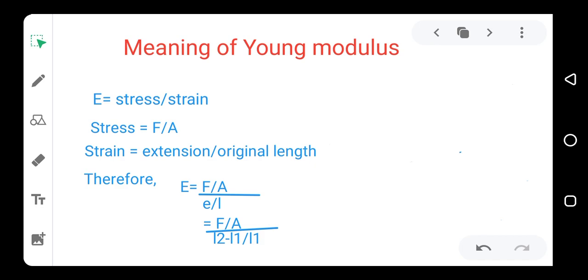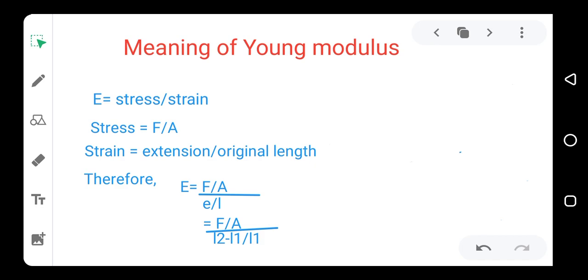But when you are compressing it, you are still applying force, but the force you apply now is used to compress the object. So the stress can bring about stretching or extension of length or decrease in length, depending on whether you are stretching or compressing the object.